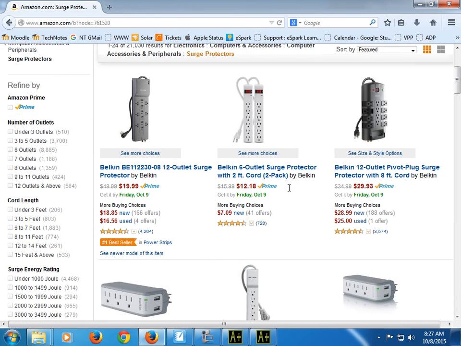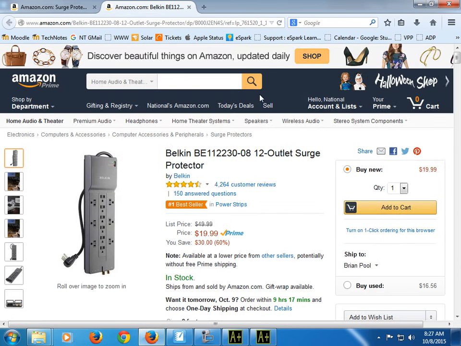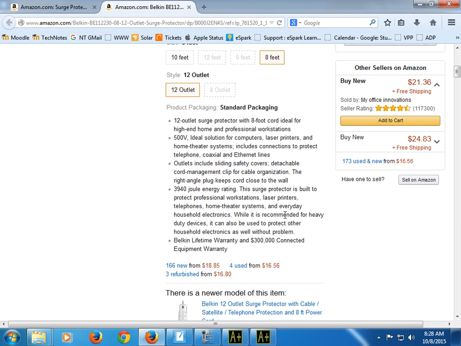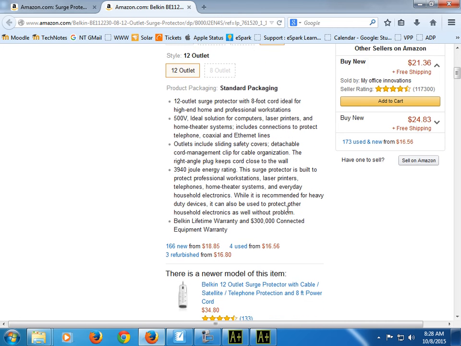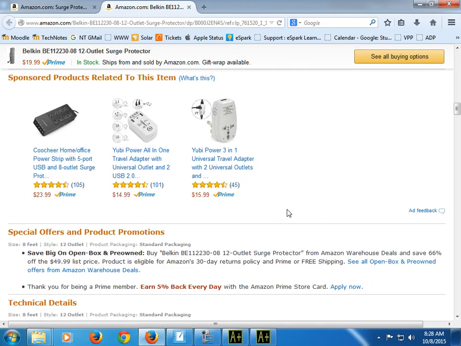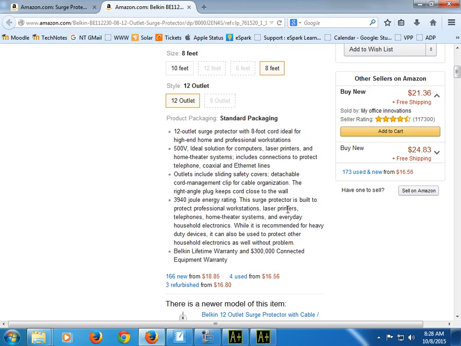Let's see if we can find a nice one. Let's look at this one. $19 for this Belkin one. Said 500 volts. I saw that. That's low too.